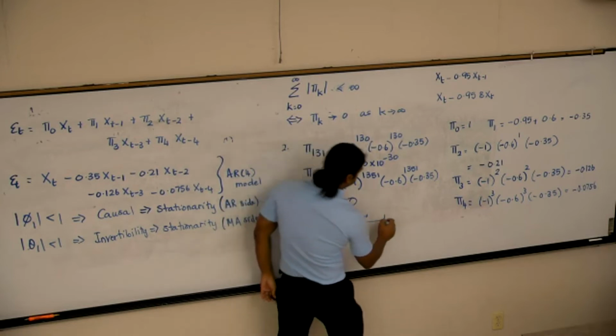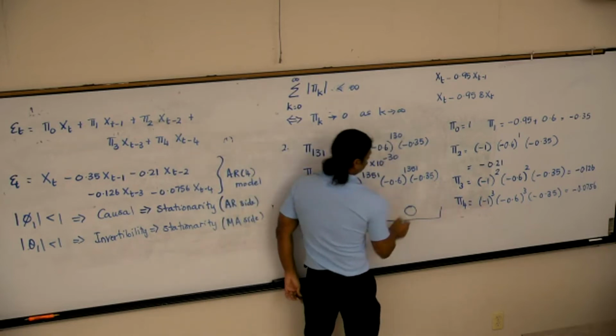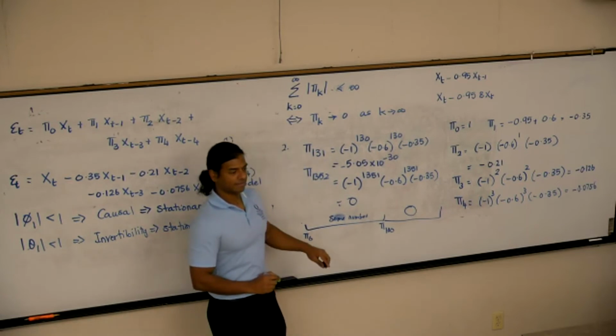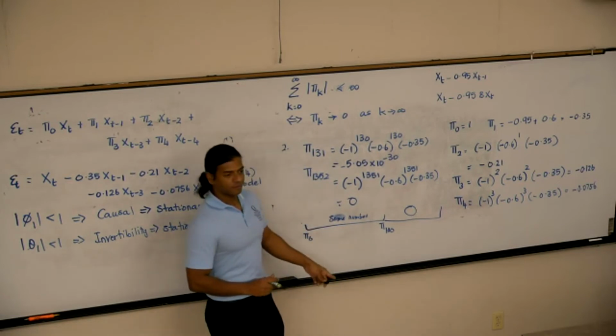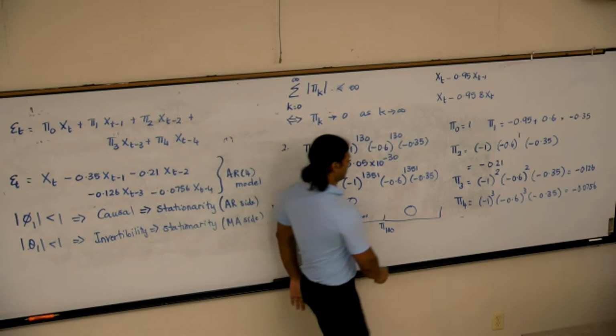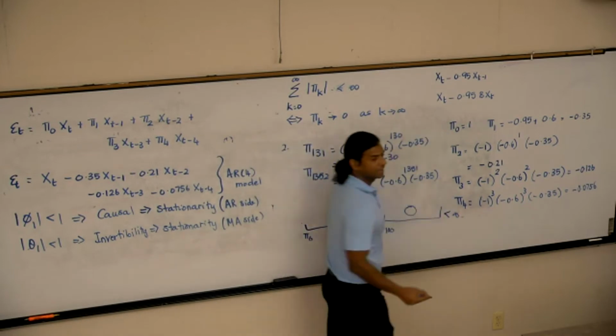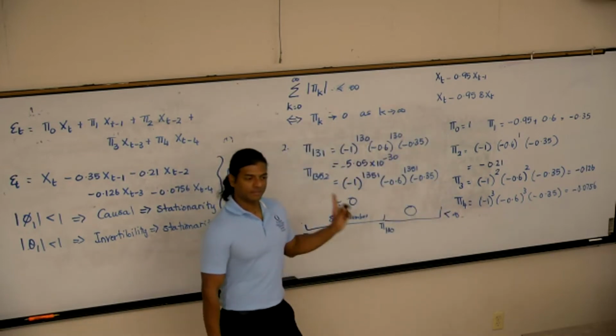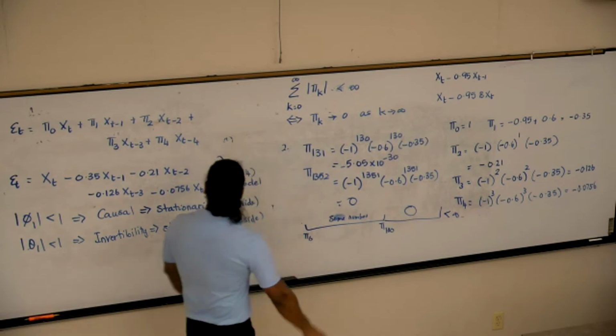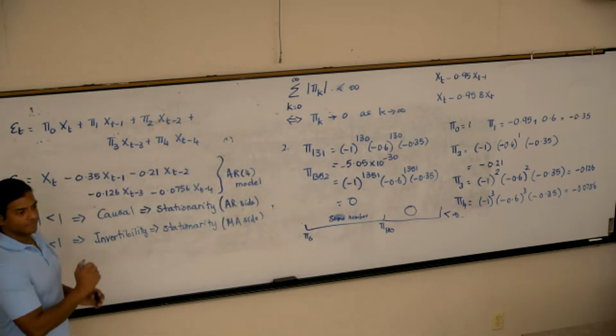And based on the pattern that I'm seeing, all of those would be 0, correct? When you take the absolute values and add them together, it will still be less than infinity. Absolutely summable. So, stationary. Yes.